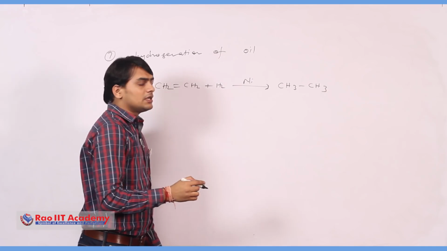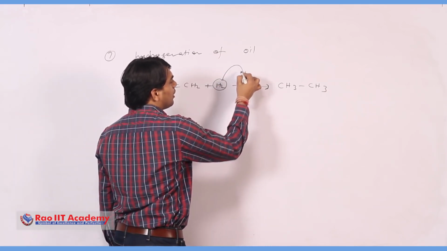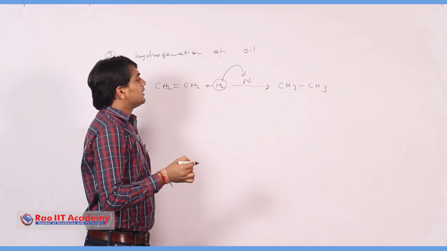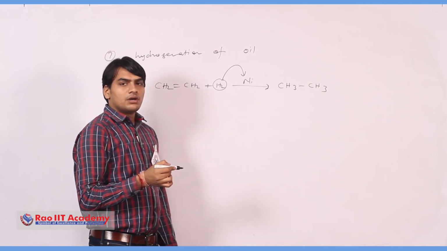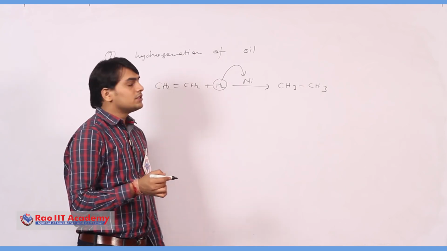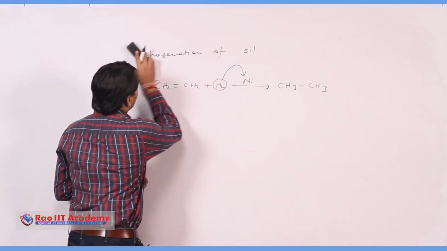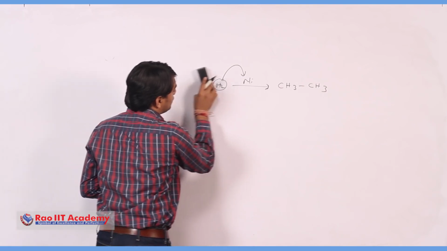During this process, hydrogen gets occluded. Occlusion is the adsorption of a gas on the metal surface. So, this hydrogen gets occluded on the surface of nickel, which helps to catalyze this hydrogenation process.